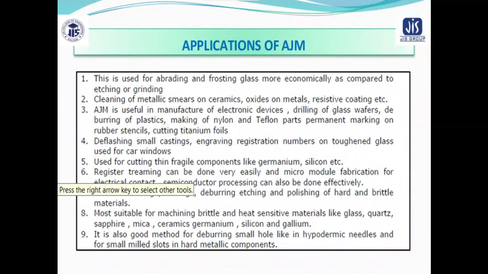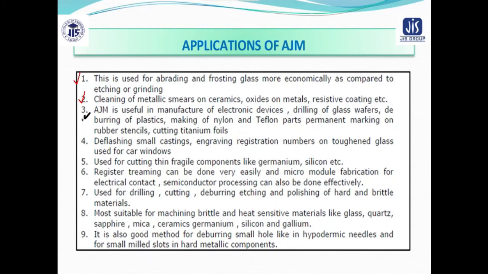Now we are going to discuss the applications of AJM that we are basically using. Basically, abrasive jet machining is used for abrading or frosting glass more economically as compared to etching or grinding process. Secondly, cleaning of metallic smears on ceramic, oxide on metals or resistive coating are performed by abrasive jet machining process.